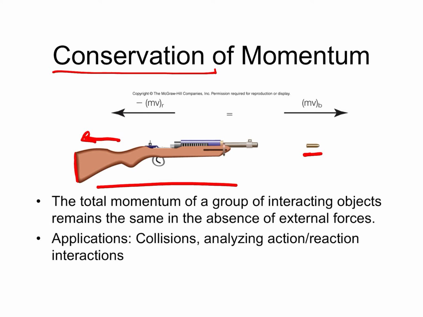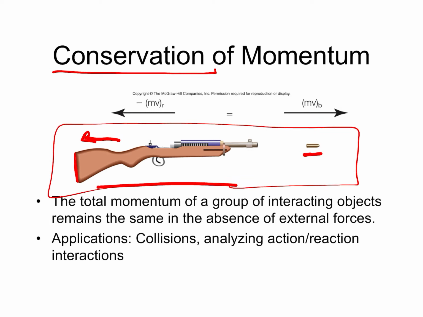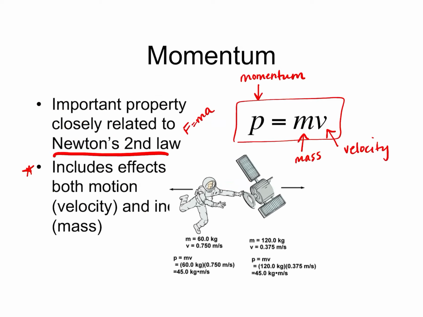But that bullet has a much smaller mass, and its velocity is going to go super fast. So this whole system right here has a conserved momentum, okay? The backwards gun and the forwards bullet are the same, okay? All right.